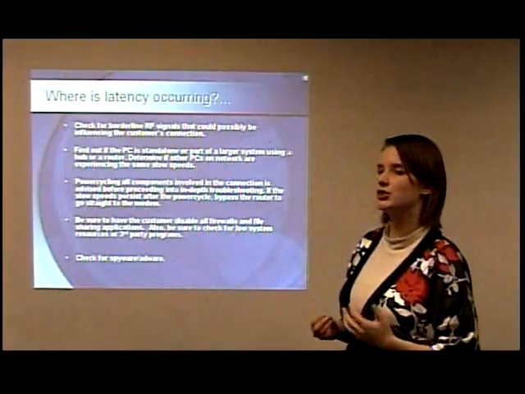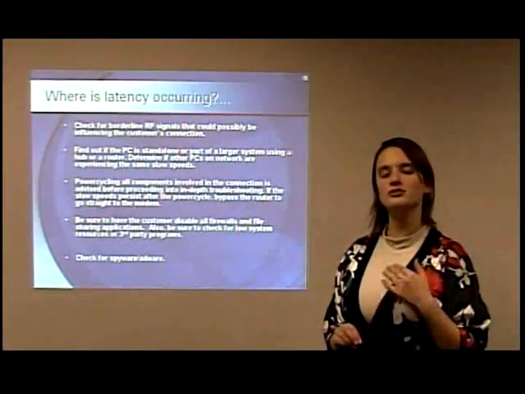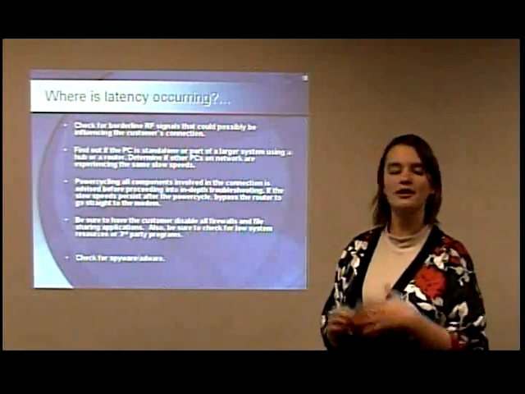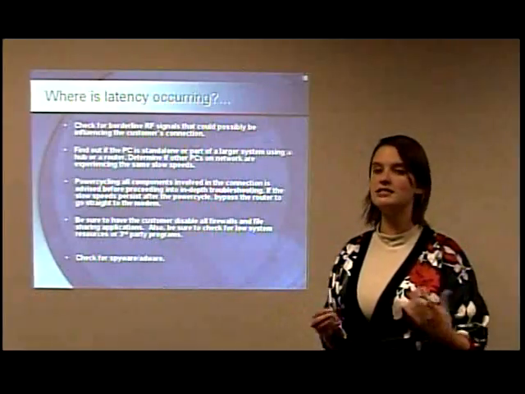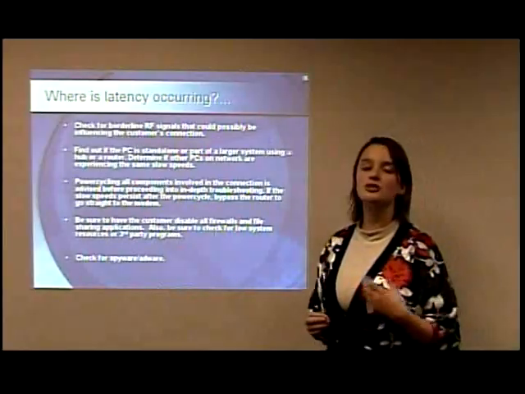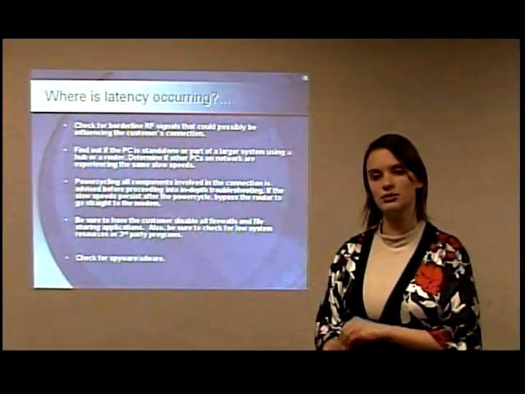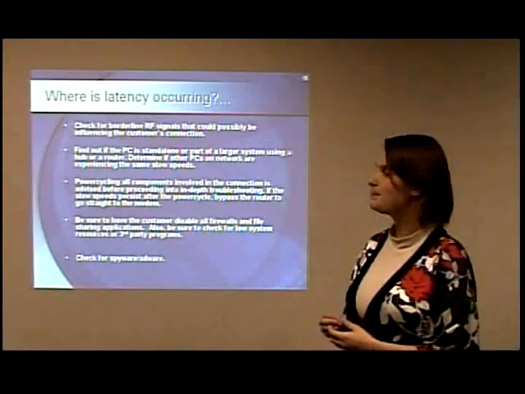So where's latency occurring? Well, the first thing we want to rule out on all of our calls, regardless of what call it is, is radio frequency, RF. Make sure it's not a signal issue. If they're having signal discrepancies, that can definitely cause their speeds to be slow. After you've done that, find out if they've got a router. Find out if that computer is the only computer in the home or if it's connected to other computers using a router.